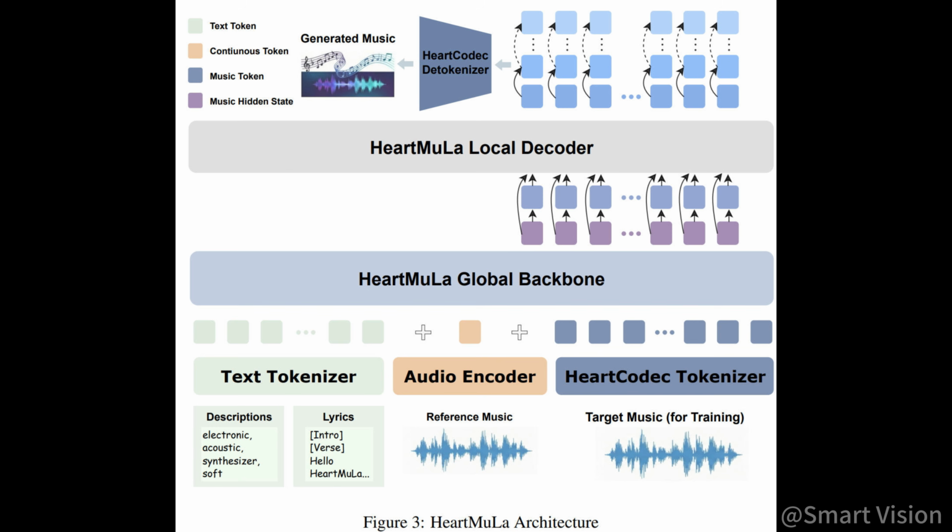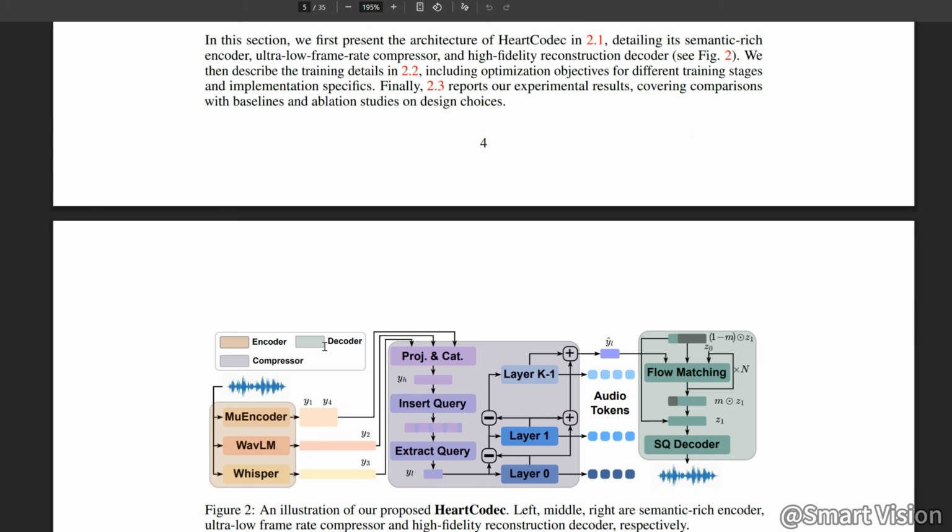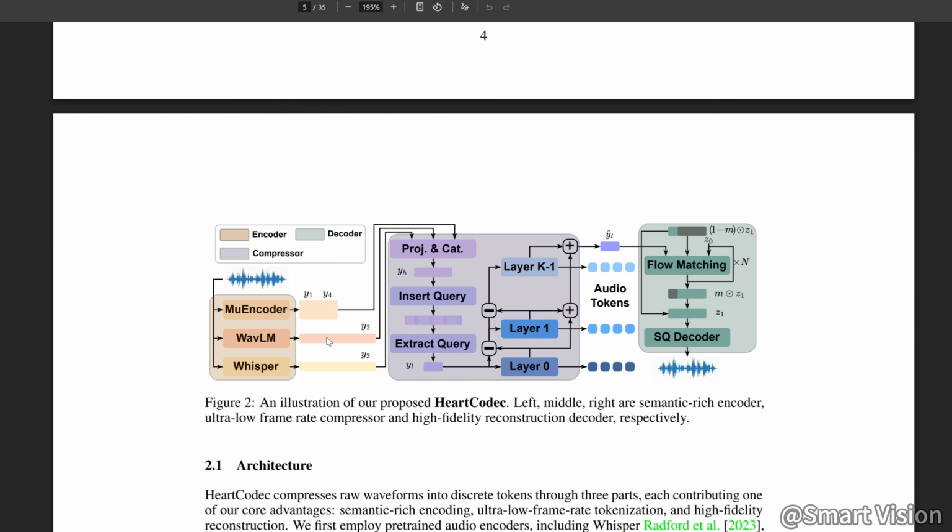HeartMuLa is built from 4 core technical components. First is the HeartMuLa model itself, the flagship of the family, with up to 7 billion parameters. It generates high-quality music from lyrics and style tags and supports multiple languages, including English, Japanese, Chinese, Korean, and Spanish. Second is HeartCodec, a high-efficiency audio codec that captures long-range musical structure at very low sampling rates while preserving excellent audio fidelity.